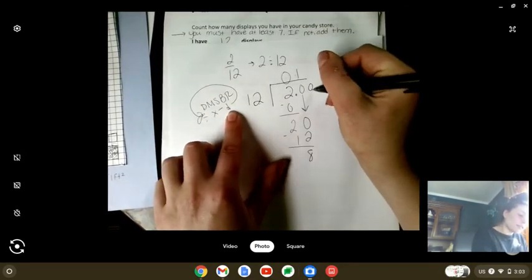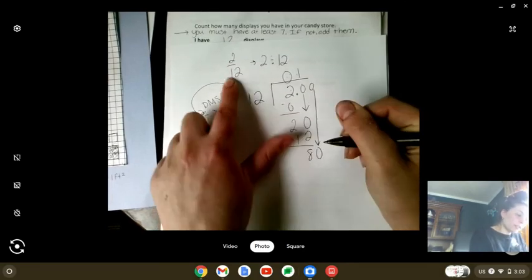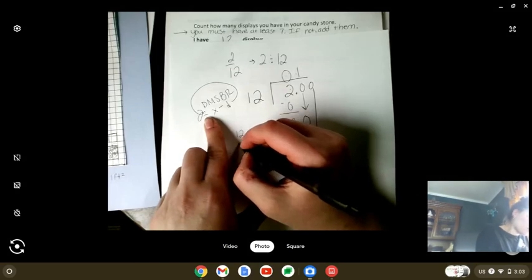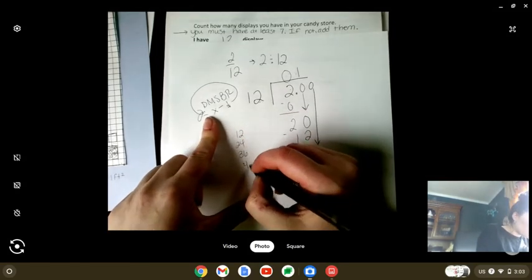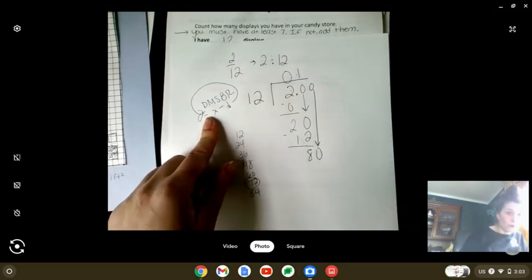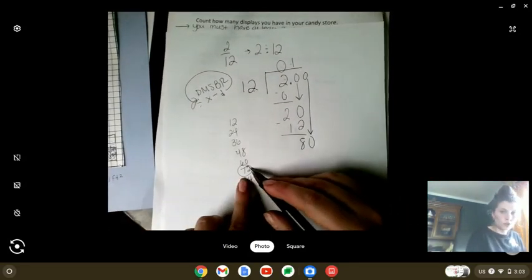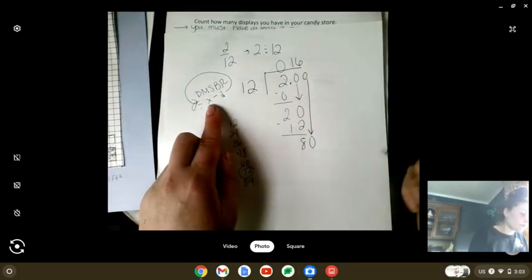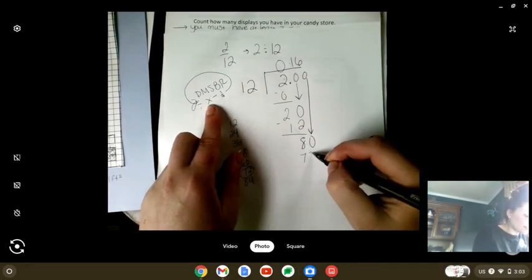So add a decimal, bring down. Repeat. 12 goes into 80. I'm going to count 12, 24, 36, 48, 60, 72, 84. So we're going to go to, not 70, we're going to 72. 1, 2, 3, 4, 5, 6. 12 times 6 is 72.